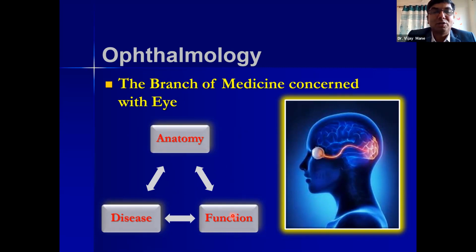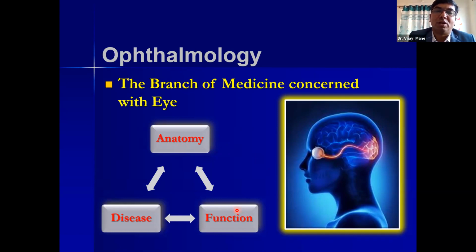As an engineer, you are going to propose a solution. For that, you must understand the anatomy and physiology from the engineering point of view, which is very important, because looking into the eye by a medical expert is very different from looking into the eye as an engineer.